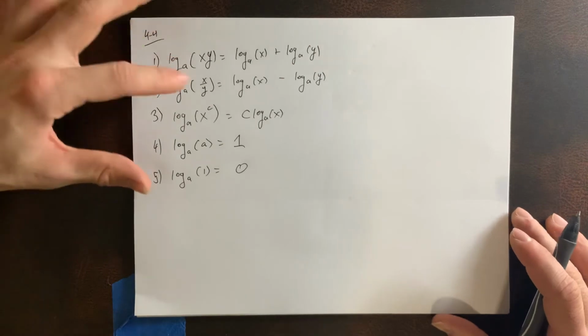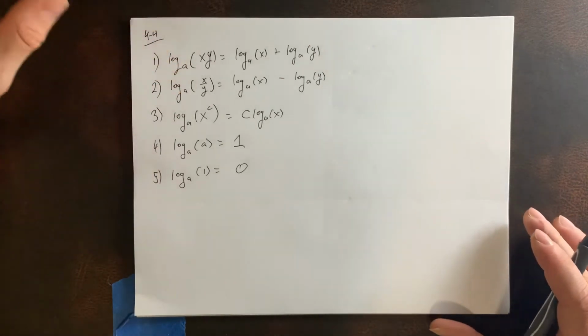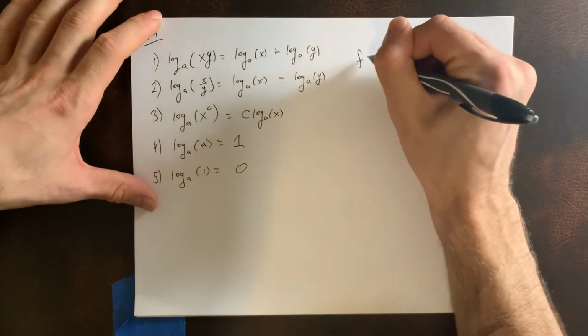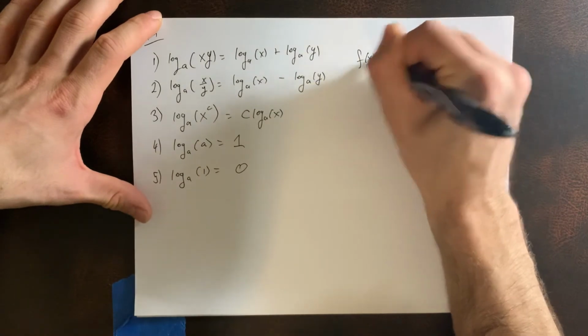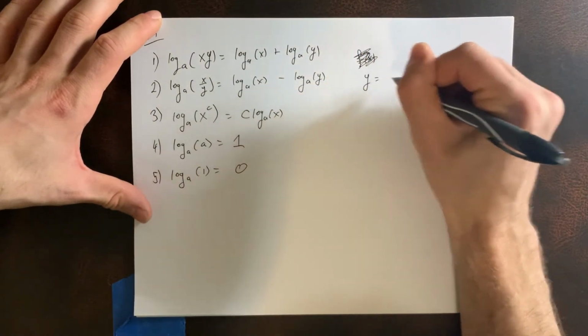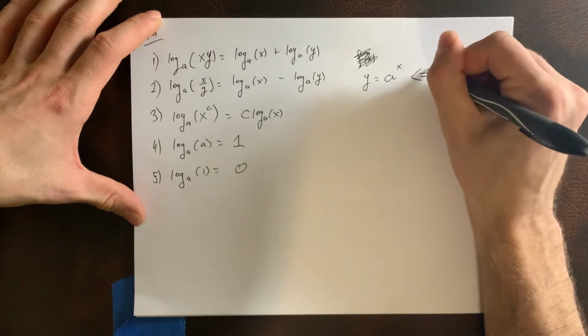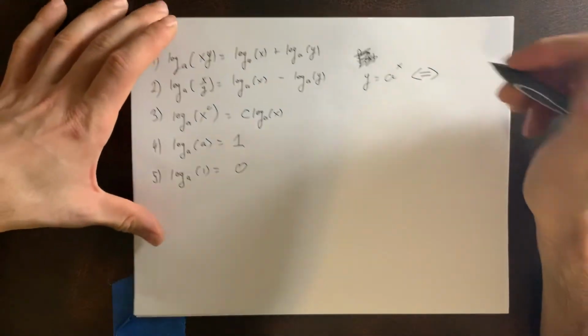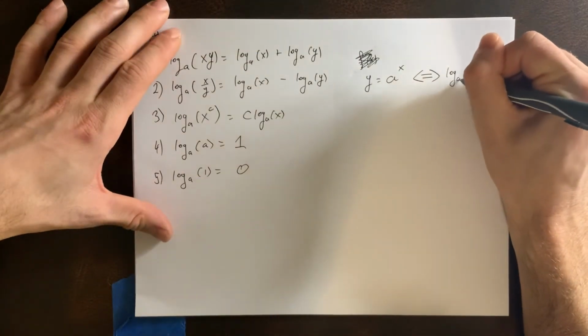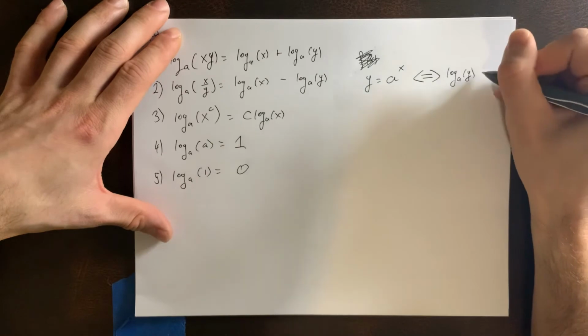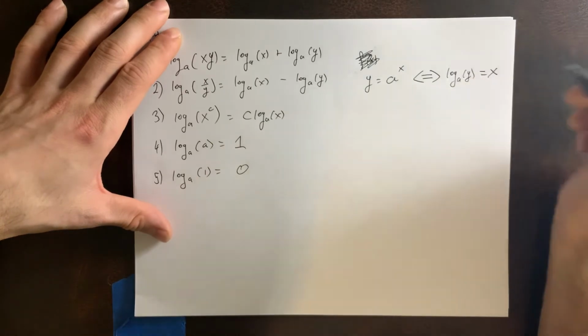And let's just talk about, so what does the log mean? In the previous section, we had this equation, just f of x. Well, let's use y's actually. So we have y is equal to a to the x. This is another way of writing log base a of y is equal to x.